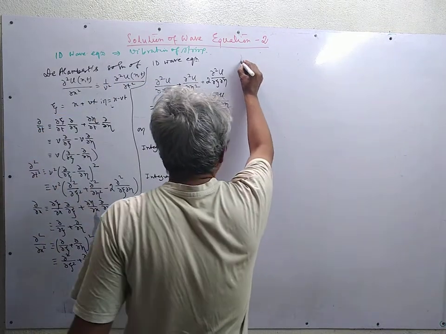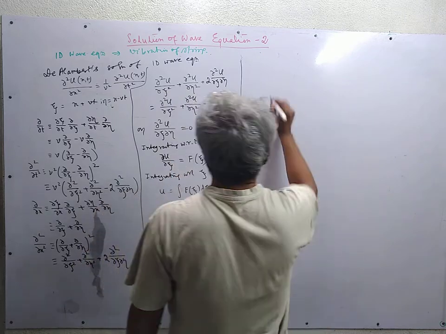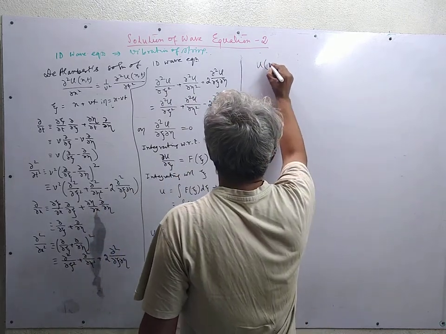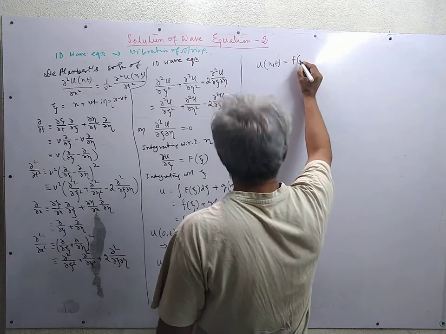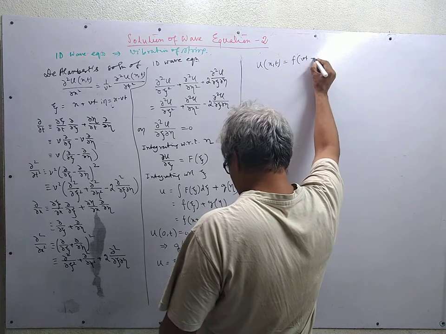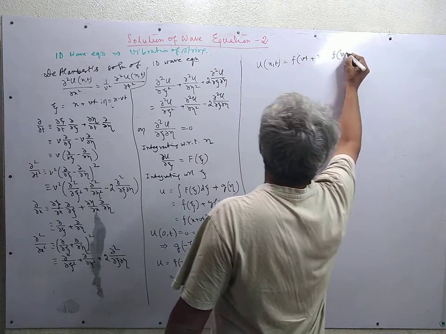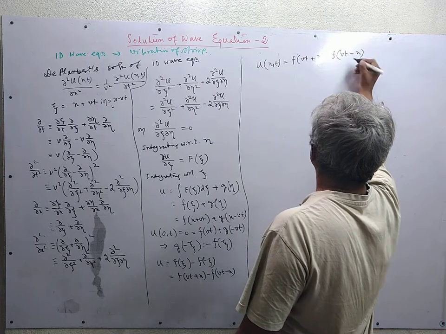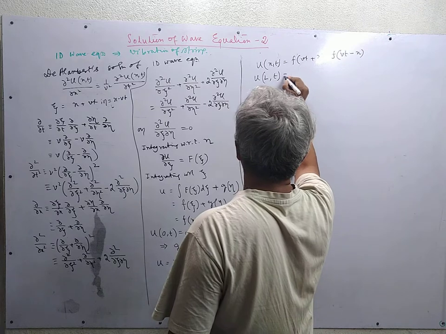Now we have another boundary condition. That is, now we have u of x t is equal to f of vt plus x minus f of vt minus x. U at l t is equal to 0.